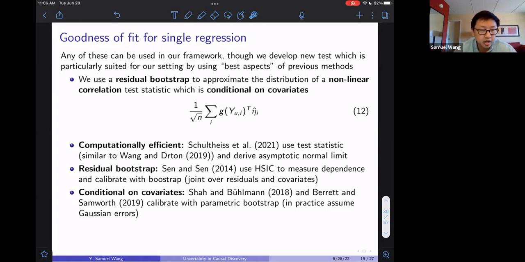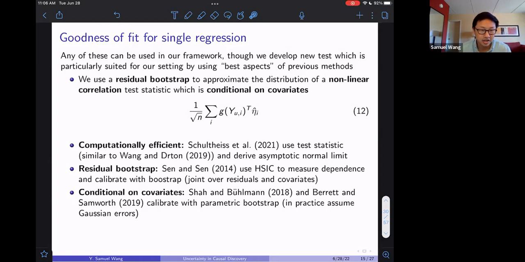The Sen and Sen procedure uses a residual bootstrap which resamples both covariates and residuals to calibrate the null. So they're thinking about the joint distribution of their test statistic over both the covariates and the errors. In contrast, we want to condition on the covariates.